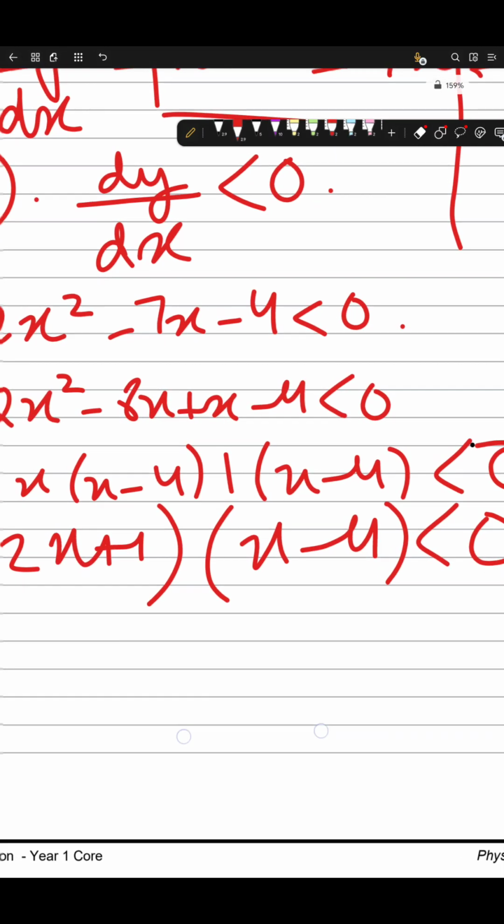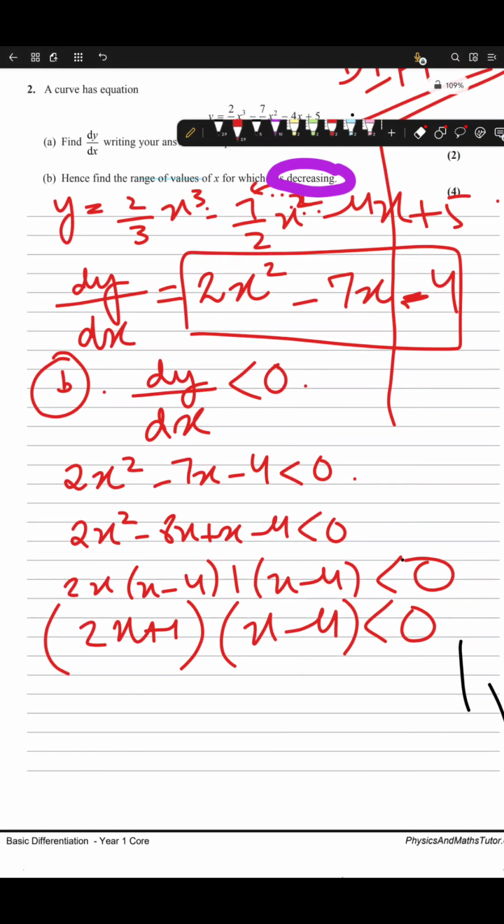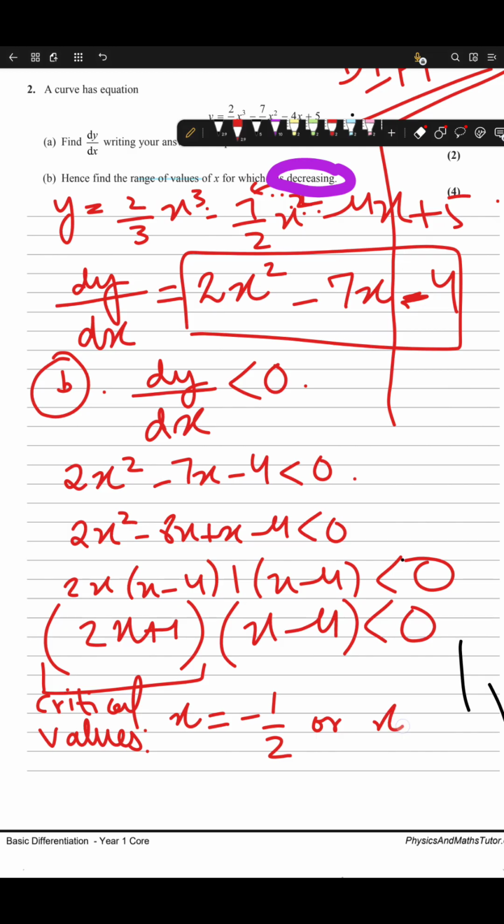First find out the critical values of x, because critical values generally have a mark. It's better to write them down, not to take any chances. For this bracket, it's going to become negative 1 over 2, and for the other bracket, it's going to become 4.